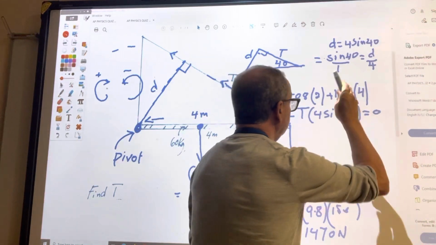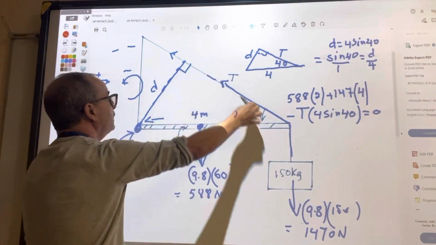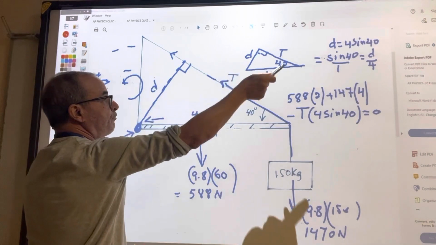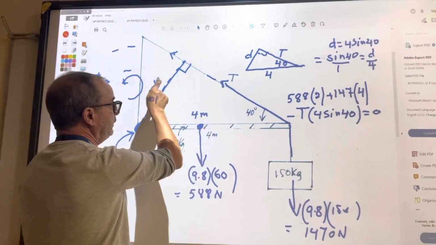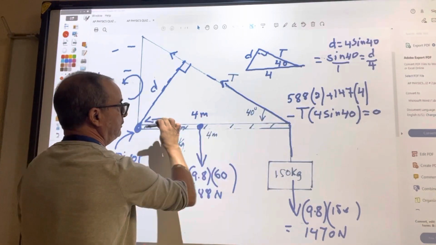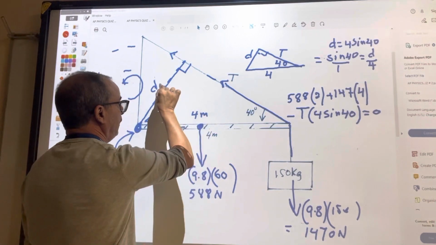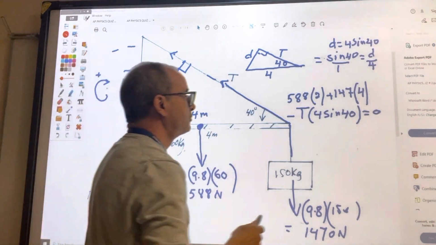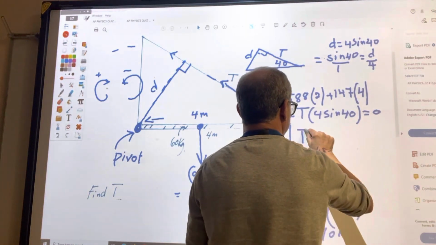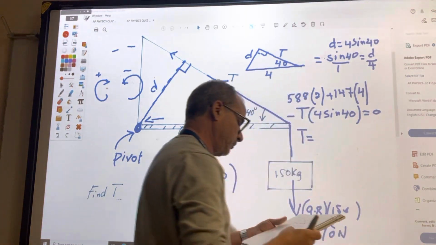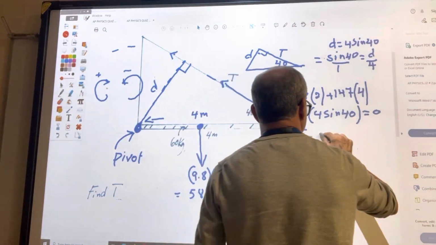You need to know that you always pick the distance that's perpendicular to the line of action, D, and that's 4 sine 40. It's like a basic trick. 4 sine 40 is D if we have the hypotenuse and the angle. If you relate hypotenuse and opposite, it's sine. So if you work with this equation, which is just a basic equation, you're going to get T equals 2,745.5.